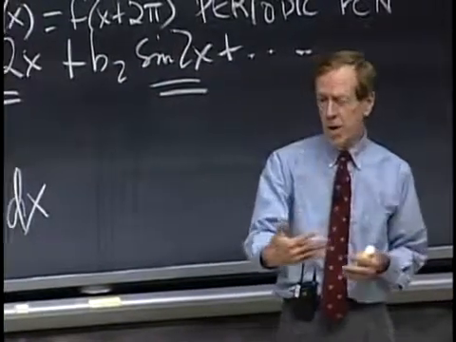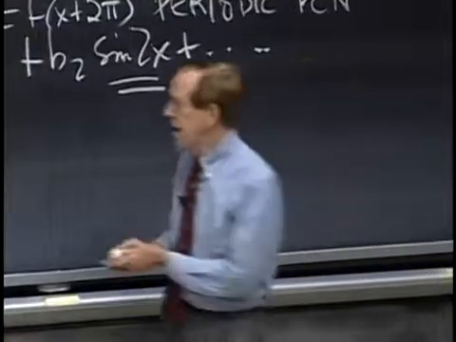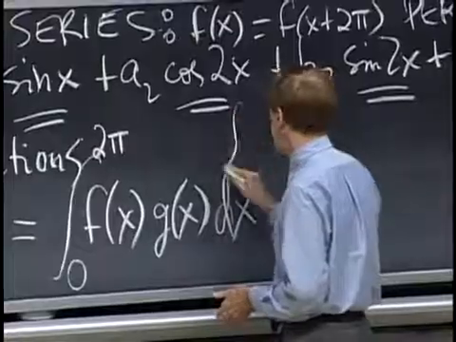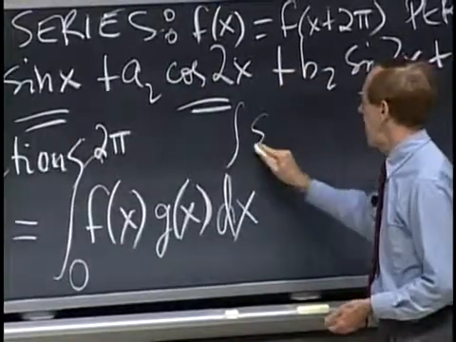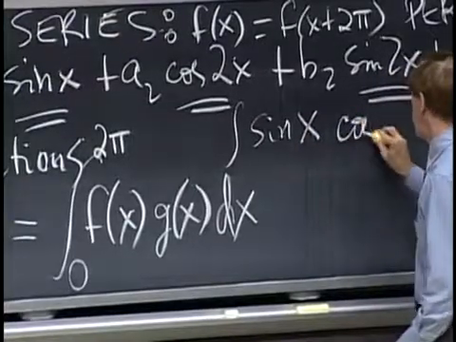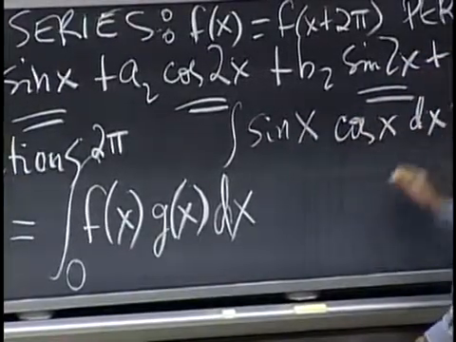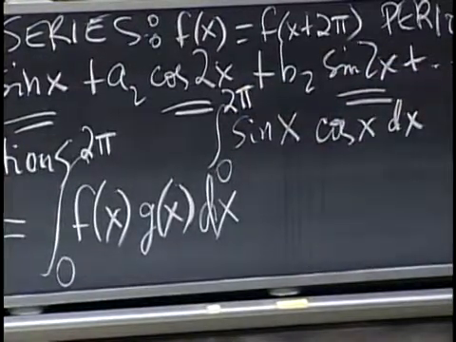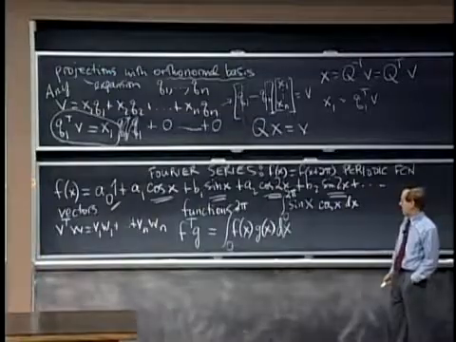Then I have the idea of orthogonality, because actually, let's just check orthogonality. If I take the integral, let me do sine x times cos x, sine x times cos x dx from 0 to 2 pi, I think we get 0.